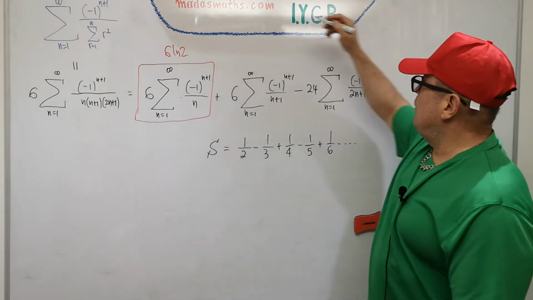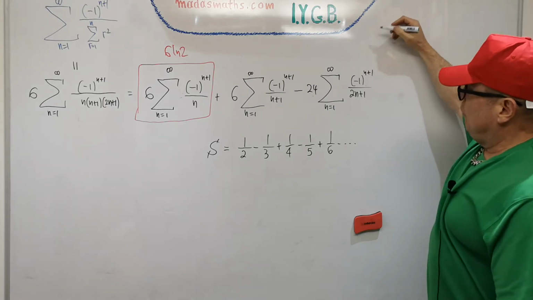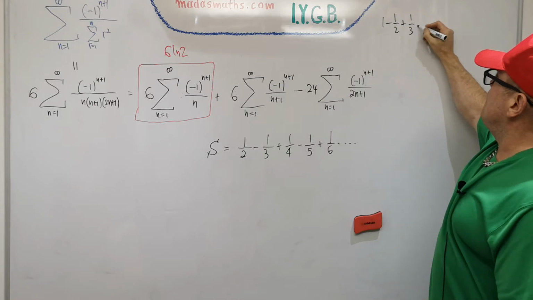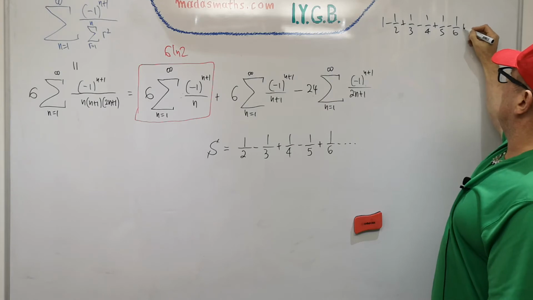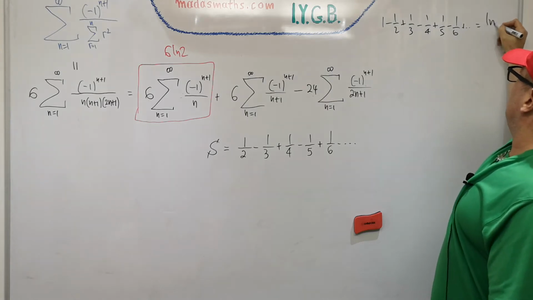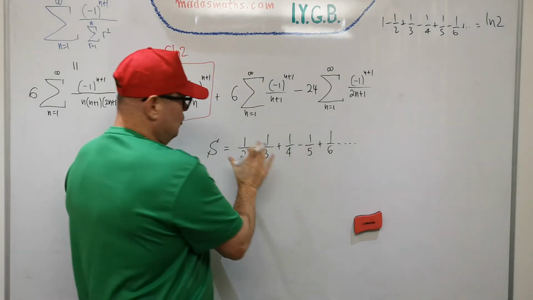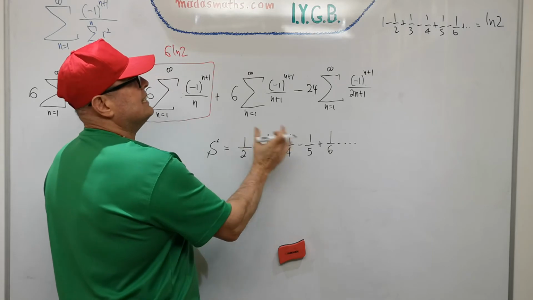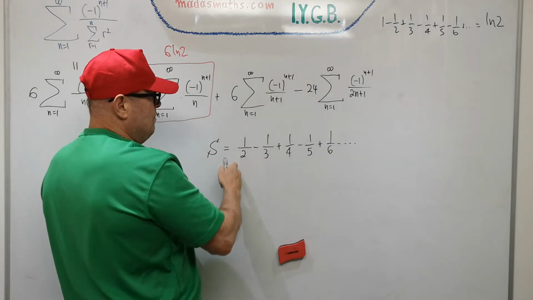It's probably the easiest way to see what that is. Remember this particular one, the well-known one, and let me just write it up here so you can actually see what I'm doing. 1 minus a half plus a third minus a quarter plus a fifth minus a sixth ... is equal to log of 2. This looks like it, but we've got 2 problems. We've got the signs reversed. If you look at the half here, it is positive, there it's negative, and we're missing a term.